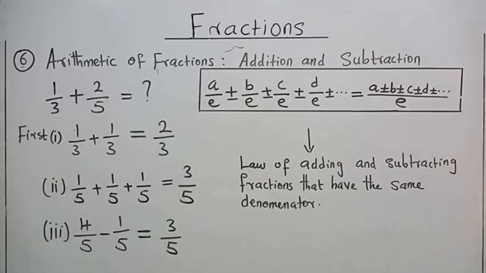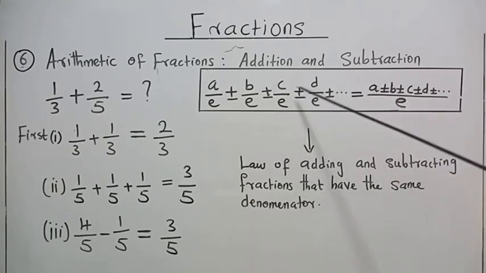The result will be by adding these numerators, A plus or minus B. It might be adding or subtracting as the case may be, so it is not just adding. That is why we have A plus or minus B plus or minus C plus or minus D plus or minus other numerators. See it here, all over the same denominator.